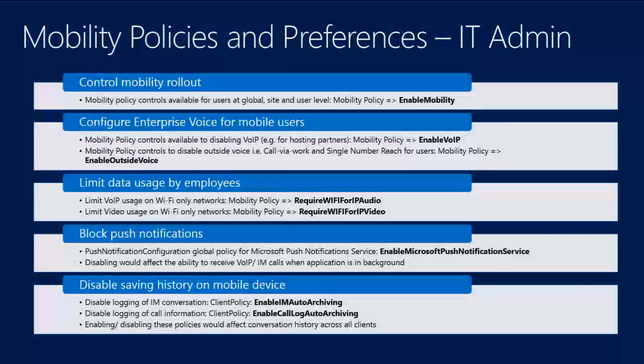Obviously, if you have Windows phones, you're going to want to enable that push notification service. And then disabling of history on mobile devices. I hear this request a lot. Unfortunately, this is, I guess you would say, a global policy, right? So it's not necessarily specific to mobile devices themselves, but you can actually disable this if you don't want saving of history for all of your Lync clients.